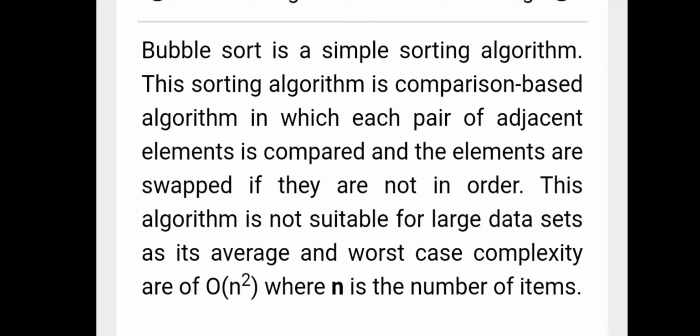One more time, average, worst and best case complexities I already told you. Best means good, average means average, and worst means very poor. I told you these average, best and worst case complexities in the searching technique.